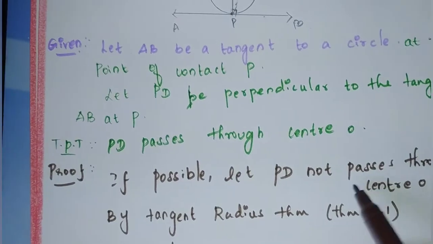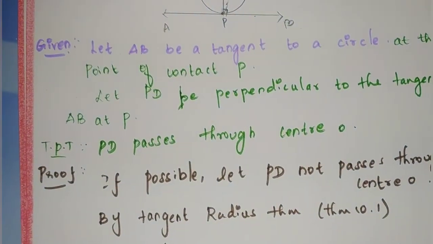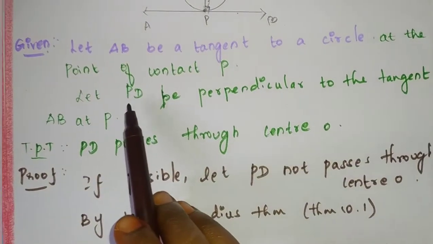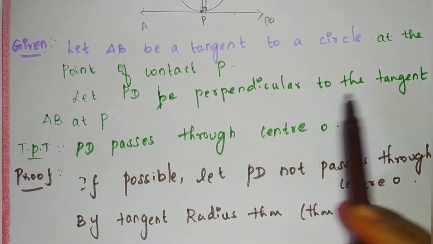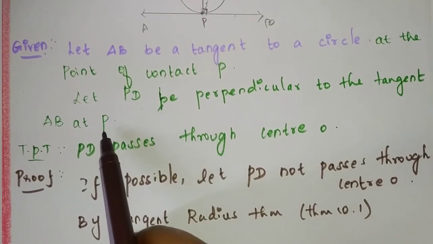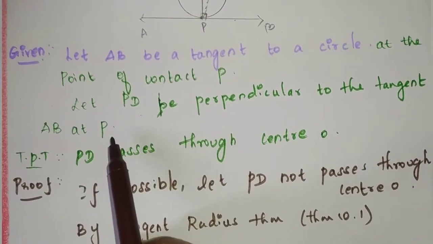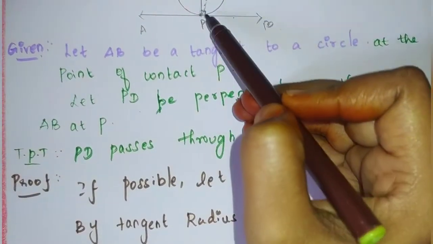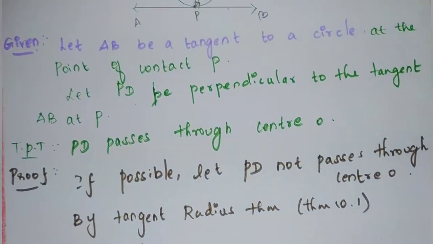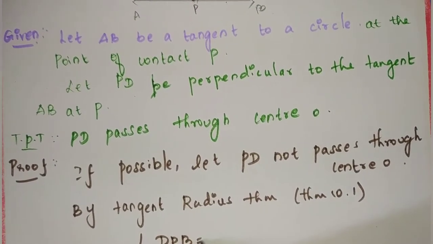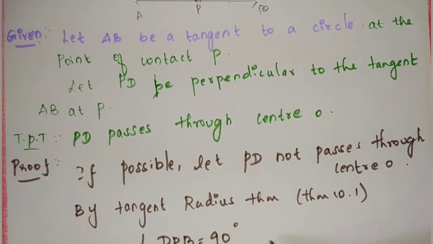angle DPB, if it does not pass through the center, but I mentioned that PD is perpendicular to the tangent AB at P. I mentioned that one. So I am going to take that angle DPB is equal to 90 degrees. Clear, children? Mark this as 1.